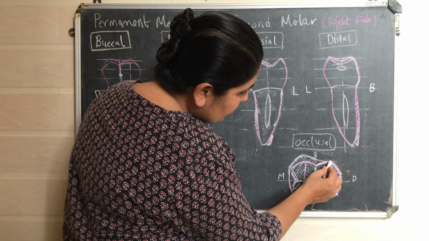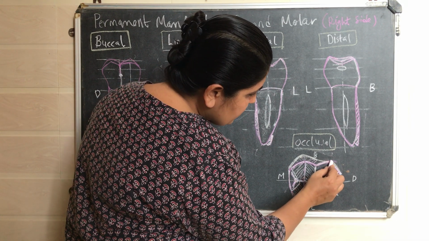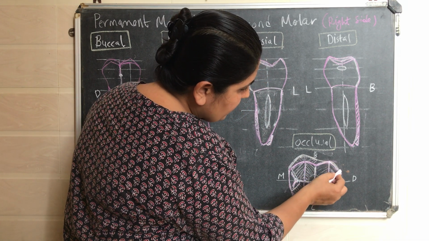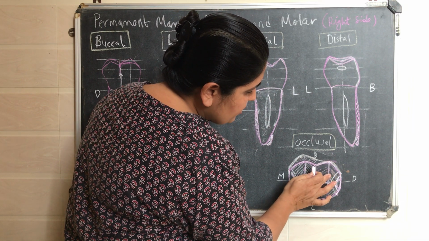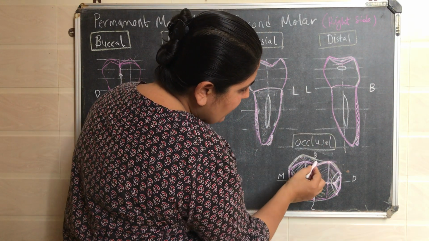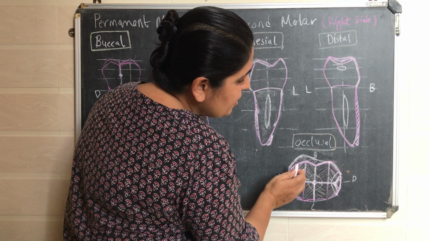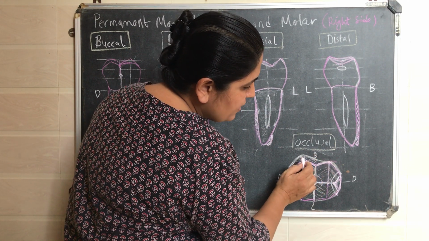Also, you can note the difference in location of these cuspal ridges. The cuspal ridges of the distobuccal cusp are more buccally placed as compared to the cuspal ridges of the mesiobuccal cusp. Which cuspal ridges?